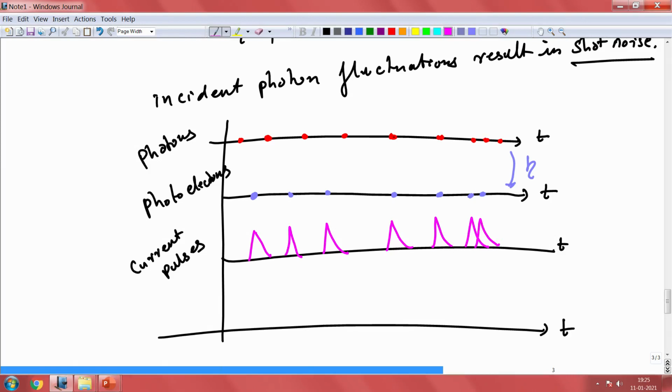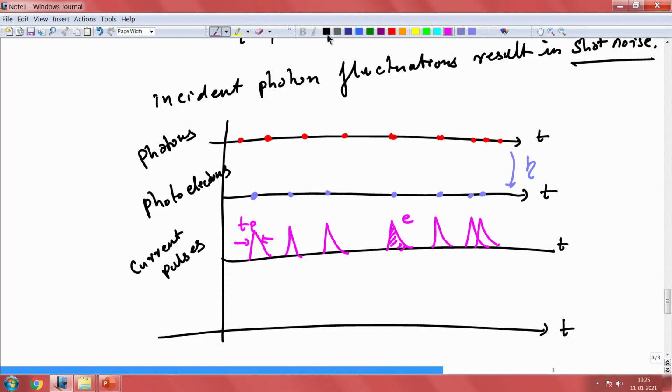They are going to create this current pulse, and it will have a certain time associated with it. This whole region that you have is nothing but the charge area, let us define it as E.